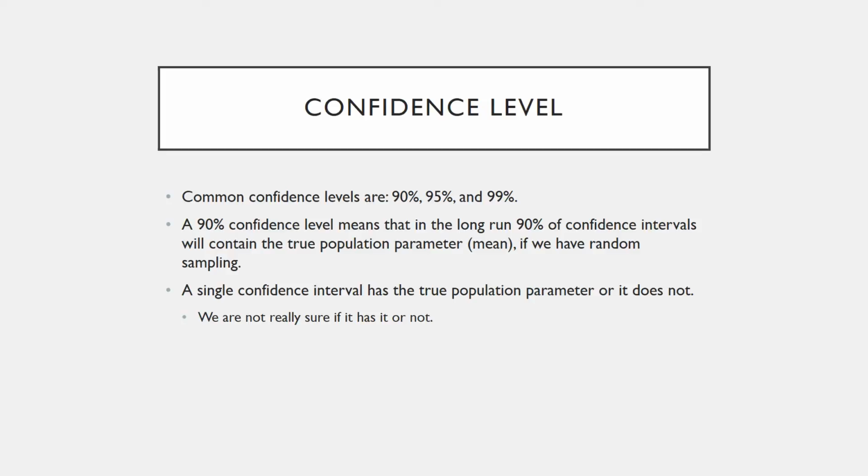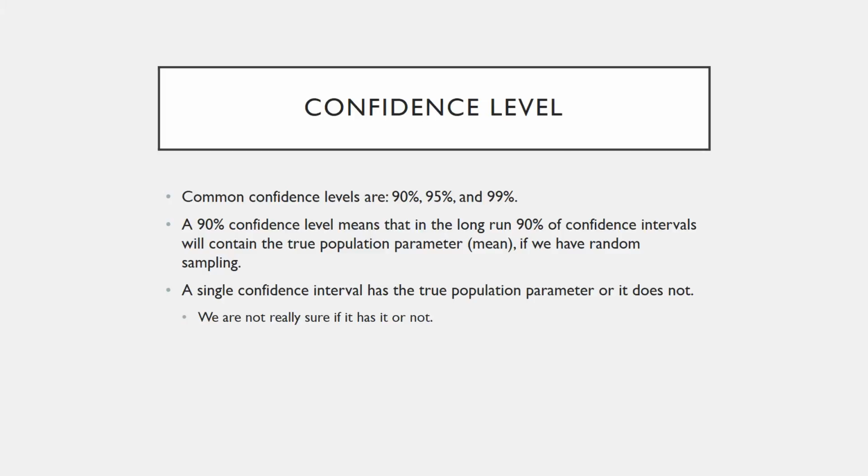So it's just likely that your single confidence interval has the true population mean or difference in means, but it's not guaranteed, because you could be that unlucky person who doesn't get it. If you have a 90% confidence level, that means 10% of the time a confidence interval doesn't have the true population mean or difference of means. So the higher the confidence level, the more sure you can be that your confidence interval contains the true population mean.